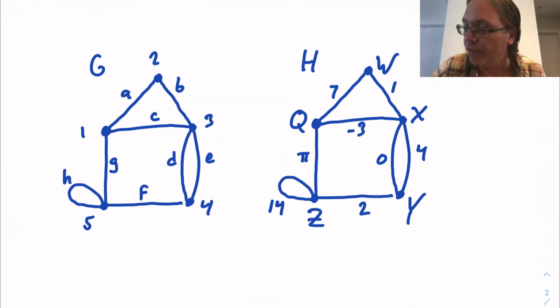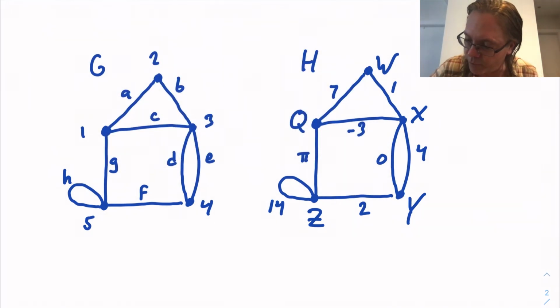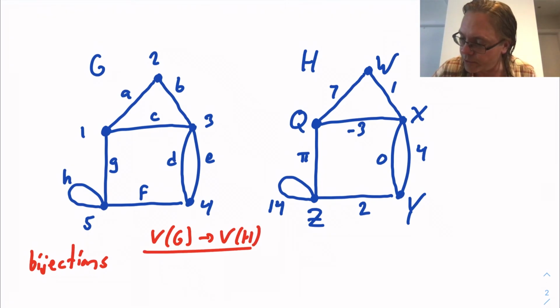So the formal definition here, maybe I'll just write a couple of words. There would be a bijection from the vertex set of G to the vertex set of H that would tell you, well, vertex 1 is going to be vertex Q, and vertex 2 is going to be vertex W, and so on.